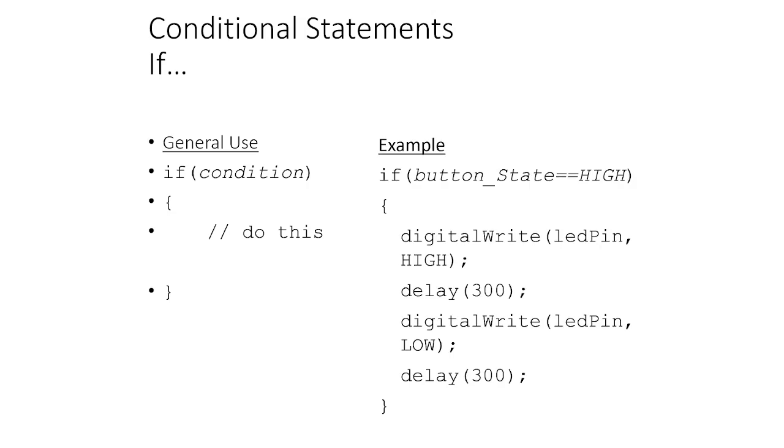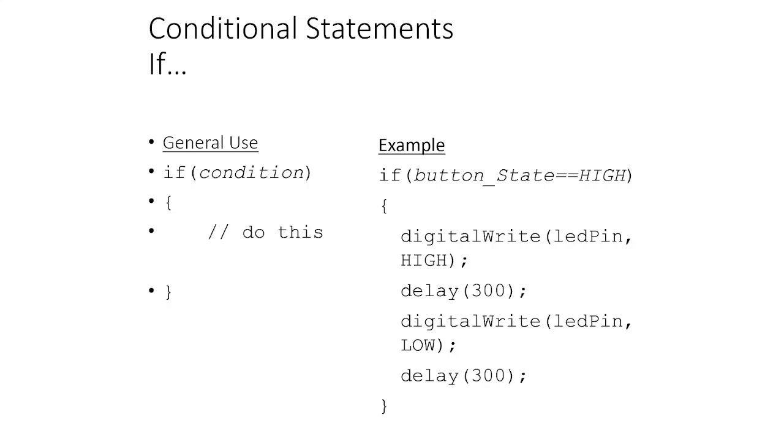So if the button state is high, for example if you have pressed that button, what should happen? digitalWrite LED HIGH, it should turn on the LED, and delay, wait for 300 milliseconds. That's not even half a second, because a second is usually 1000 milliseconds.